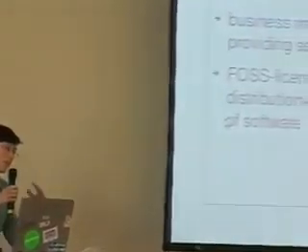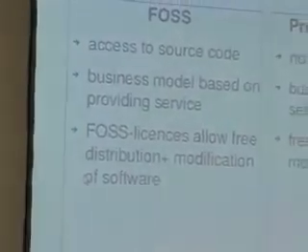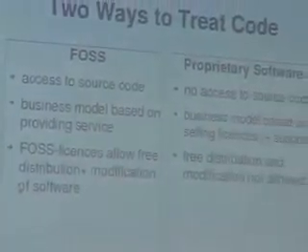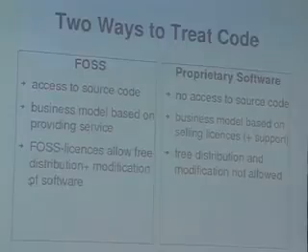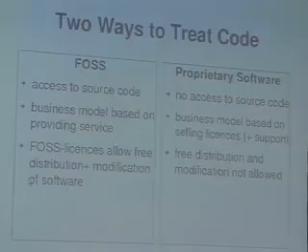And that's, of course, completely different if you compare that to proprietary software. On this slide, I just put down the most basic differences between these two models of treating software code. While with free software you do have access to source code, some words on source code. I believe that most people in this room do know about source code, but maybe there's someone who doesn't.